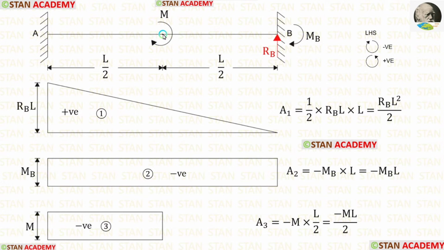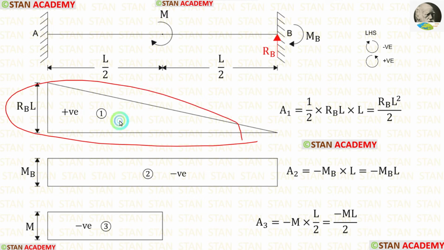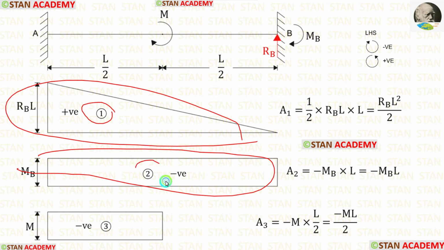This point moment also will not change. From the center to the point A, it will be constant. So here also we will get a rectangle shaped diagram. Let us keep this diagram as number 1, this diagram as number 2, and this diagram as number 3.